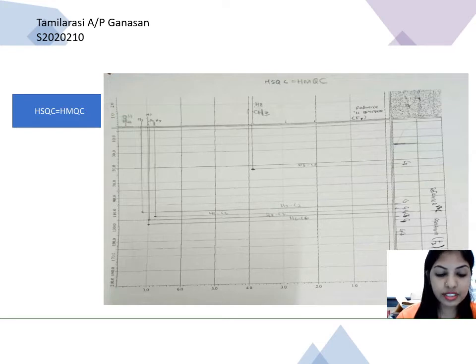I will explain the HSQC and HMBC spectra that the doctor provided, and how to read the peaks in proton and carbon NMR. My friend will talk about COSY, and I will go for my second technique, HSQC.